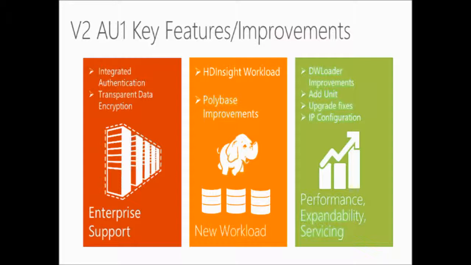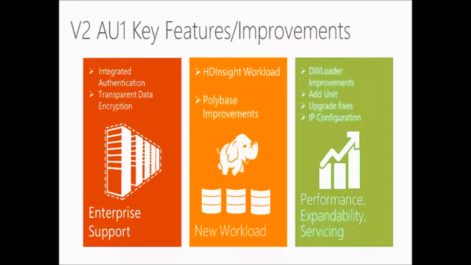And we have other performance, expansion and servicing improvements. For example, in the previous implementations, the data loader, the DB loader tool, loaded data using the control node. Now, DB loader works directly with the compute nodes, which increases our loading performance. We have some expansion options.